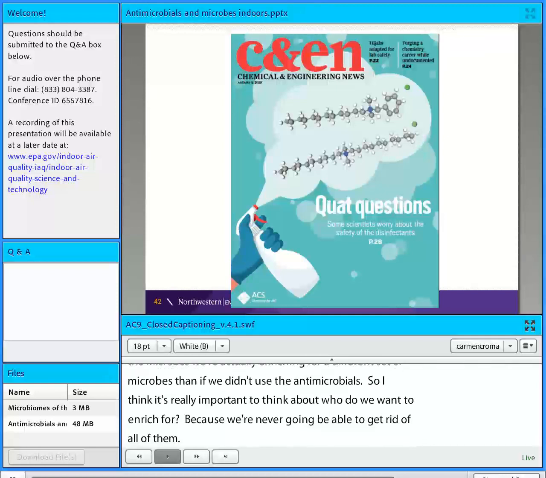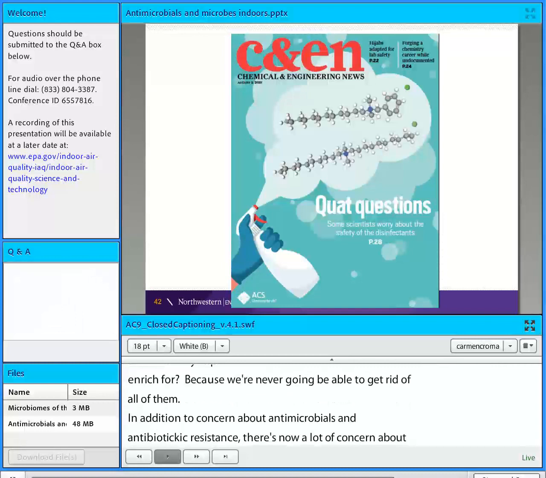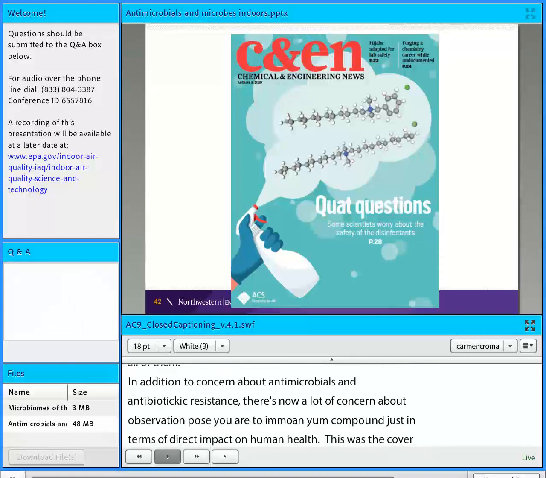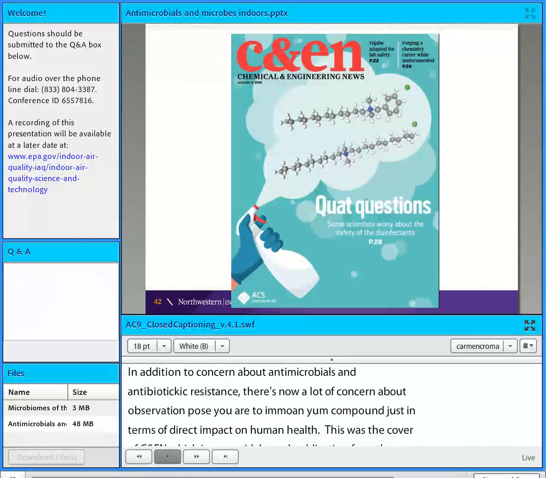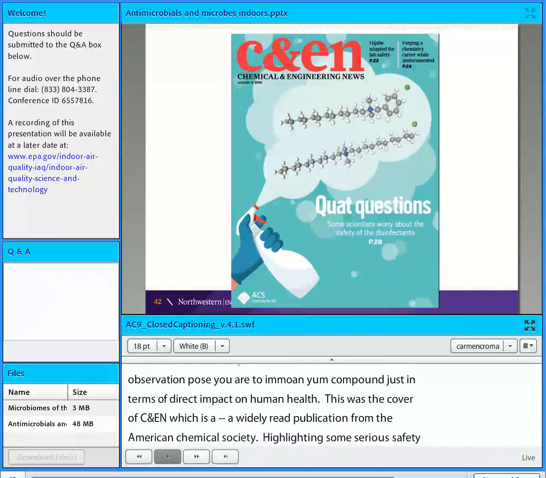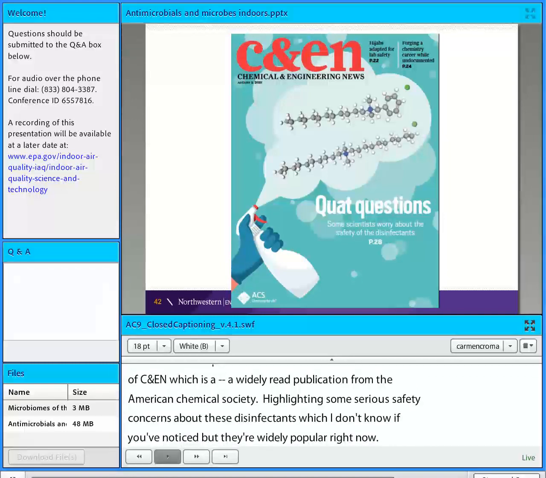In addition to concern about antimicrobials and antibiotic resistance, there's now a lot of concern, incidentally, about exposure to quaternary ammonium compounds, just in terms of direct impacts on human health. In fact, this was the cover of C&EN, which is a widely read publication from the American Chemical Society, highlighting some serious safety concerns about these disinfectants, which, if you've noticed, are wildly popular right now, so much so that the manufacturers are unable to keep up with demand.